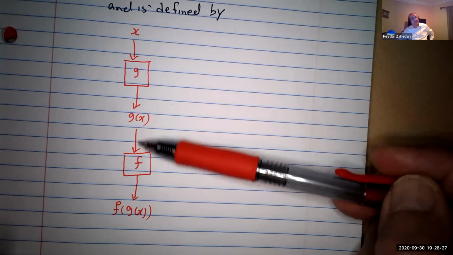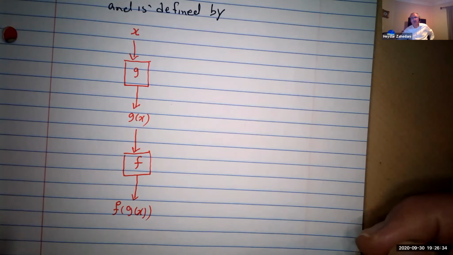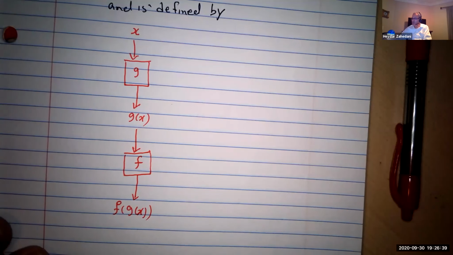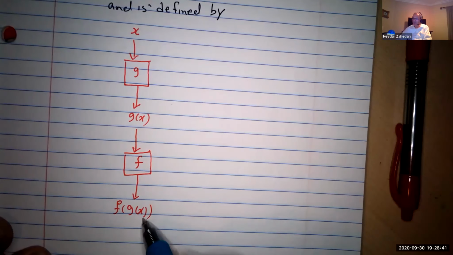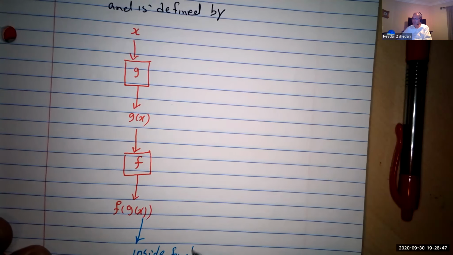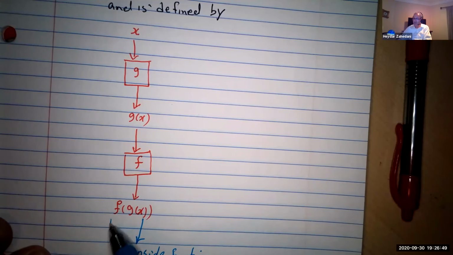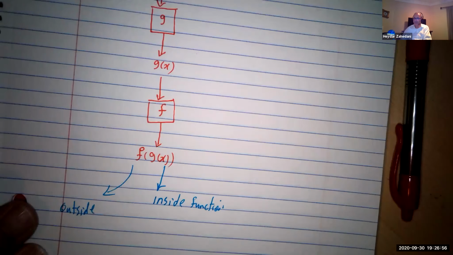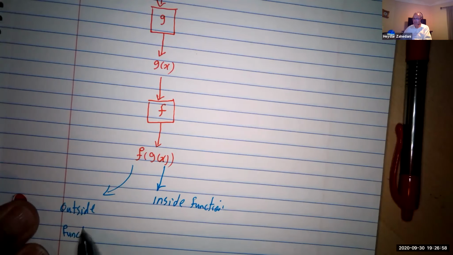We are going to call g the inside function, because that's what should happen first, and f the outside function. Inside, outside, to get the final answer.